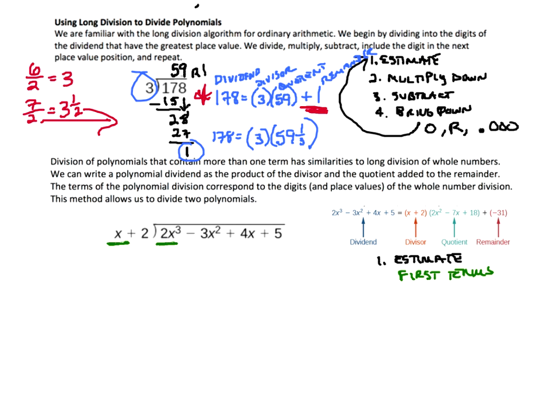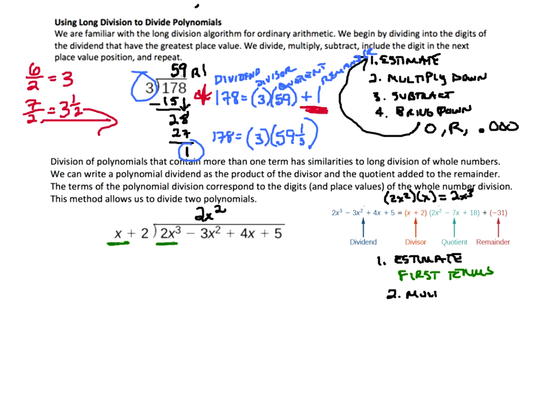Well, I would have to multiply by 2x squared, because 2x squared times x is 2x cubed. It's going to go in the x squared column, just like you have to keep place value with your numerical division. So I would have to multiply by 2x squared.